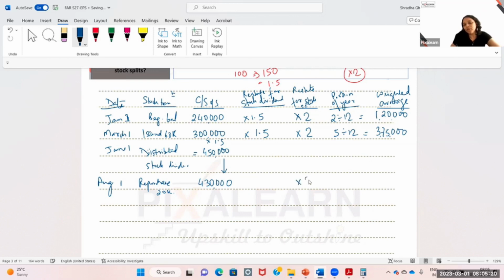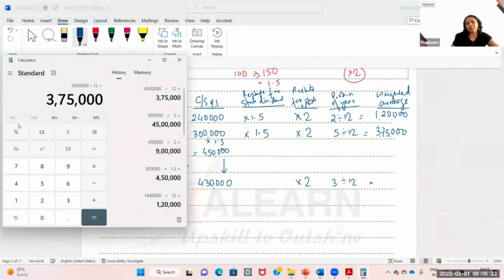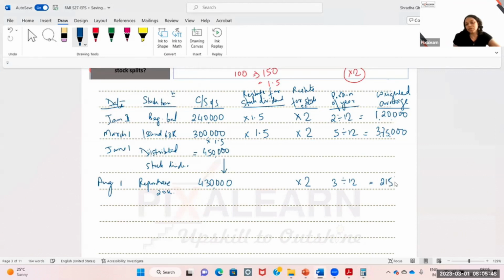Only the new thing that will happen is the stock dividend. And this will be applicable for 3 months of the year, August, September, October, because in November, again, a new event is coming up. How much is this becoming? 430,000 into 2 into 3 divided by 12 is becoming 215,000 shares.